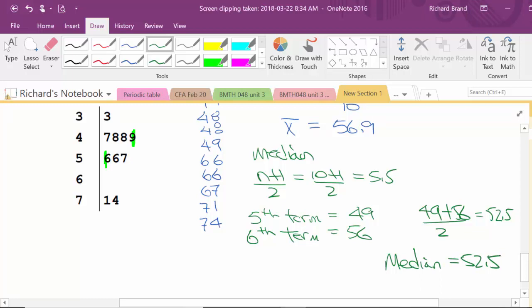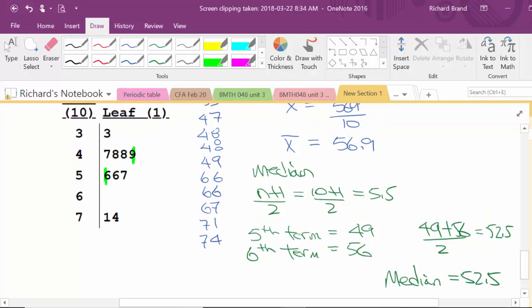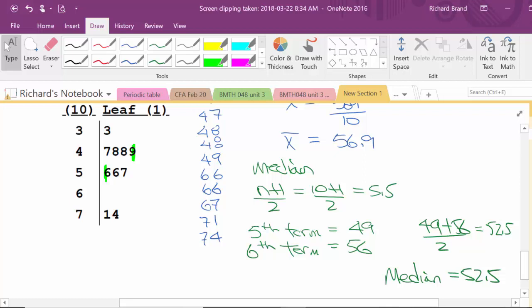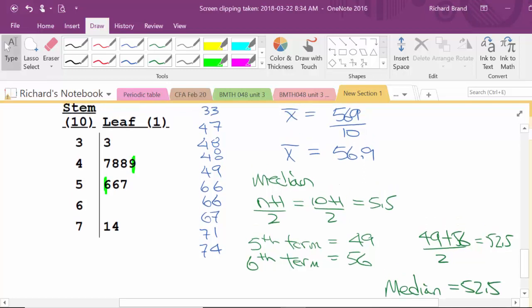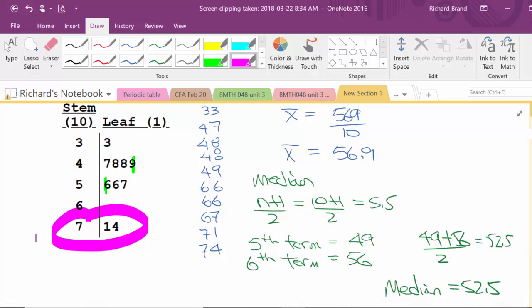Now remember my prediction. My prediction was that the mean would be larger than the median because the distribution has a couple of heavyweights down here at this end. You've got a 71 and a 74, and those heavyweights are going to be pulling the mean in their direction.